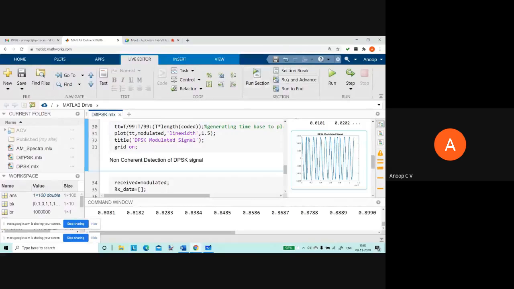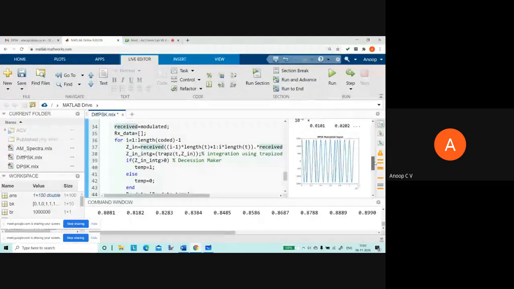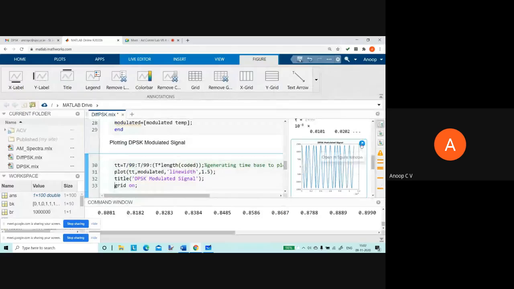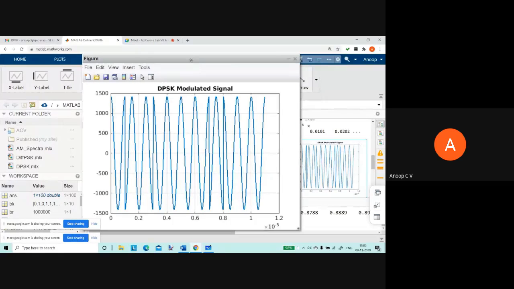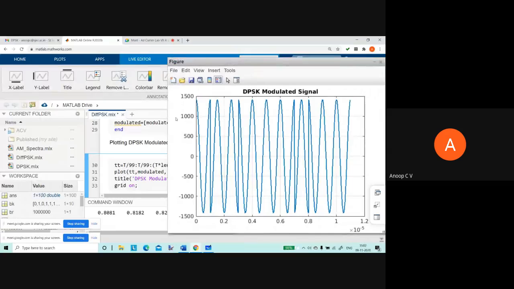Maybe I should run this, and after that I'll undock this and show. So this is the DPSK modulated signal. I'll just undock the signal and show, and maybe we'll compare it with our encoded bit sequence. I hope all of you are able to see this.